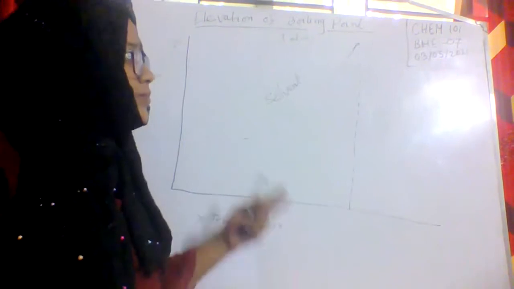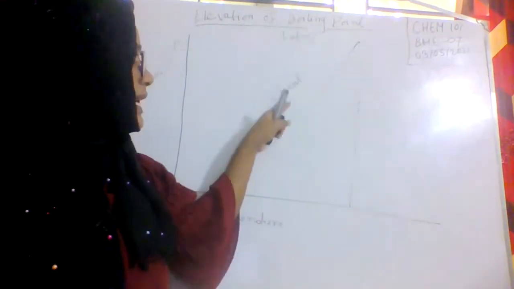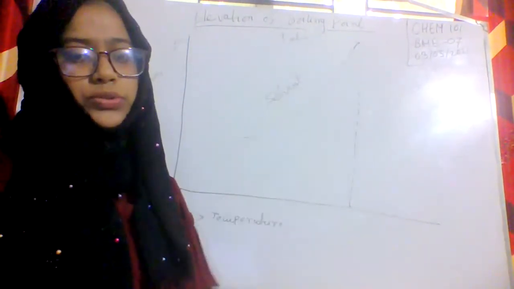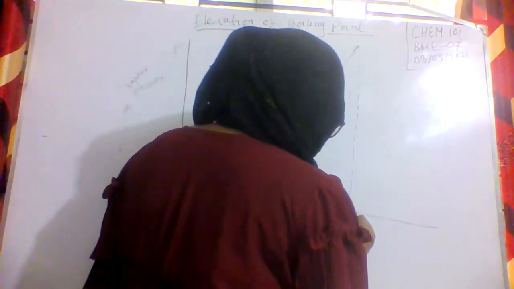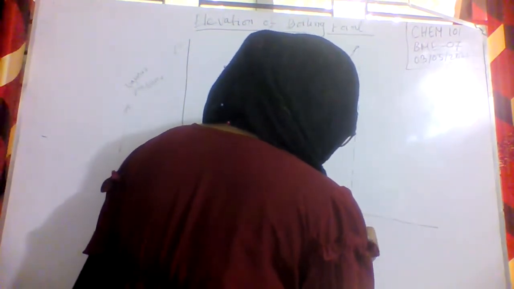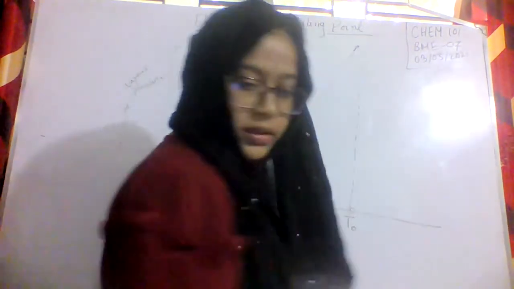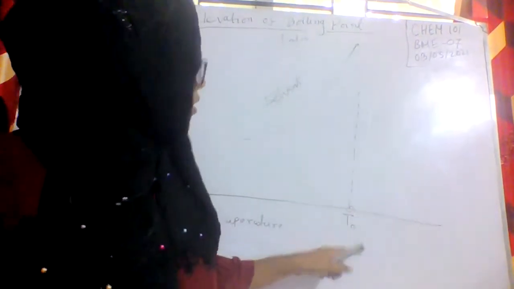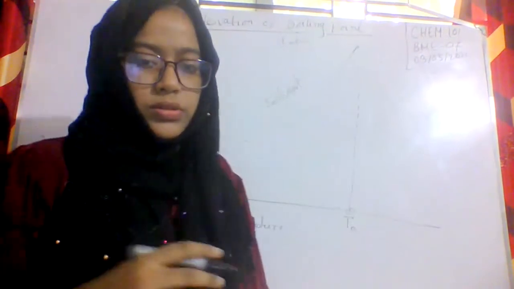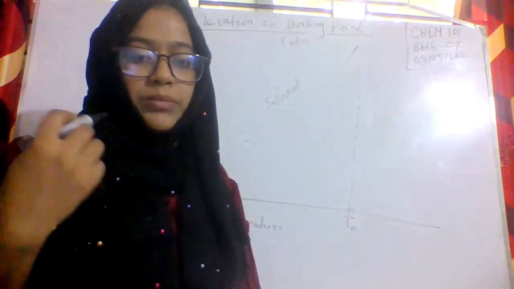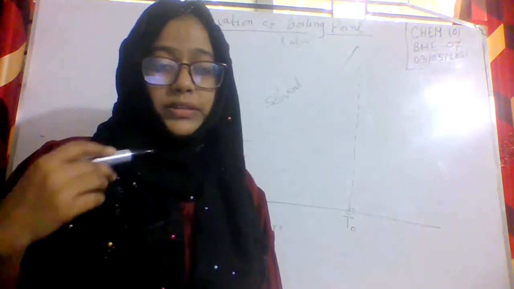Now suppose we have the same amount of solvent with solute. What will be the boiling point? Exactly this point. Suppose this is the pure solvent, that's why it is T naught.